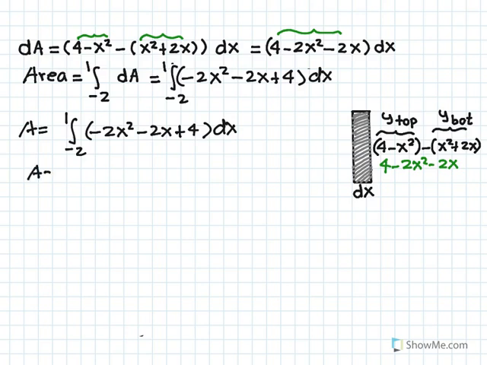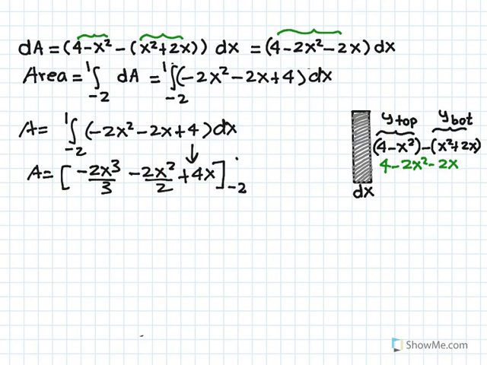Integrating term by term, we get minus 2x cubed over 3, minus 2x squared over 2. And what is the antiderivative of 4? It's just 4x. Apply the fundamental theorem of calculus from negative 2 to 1.